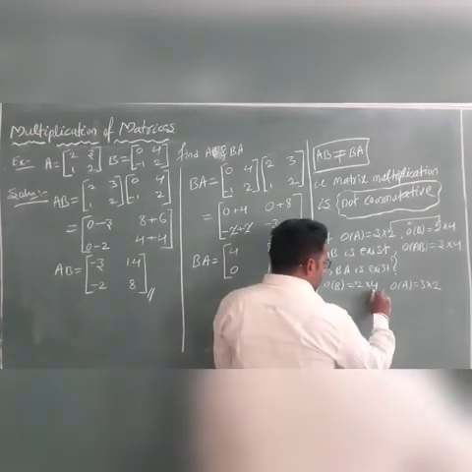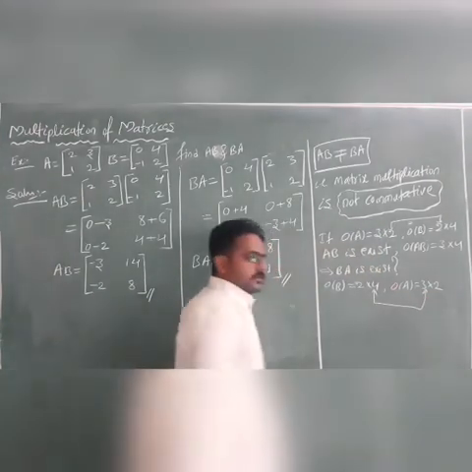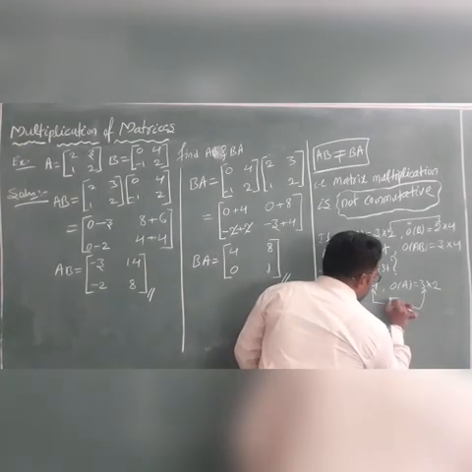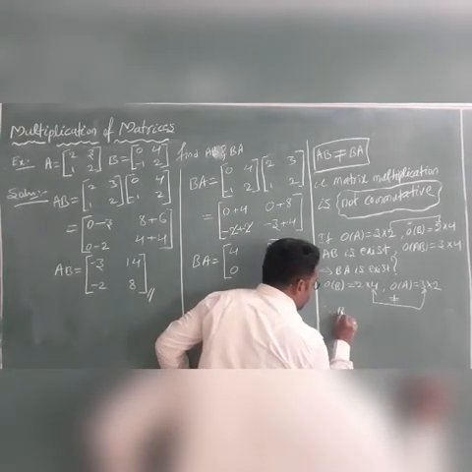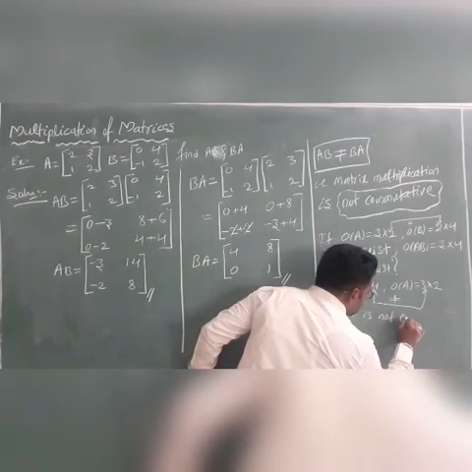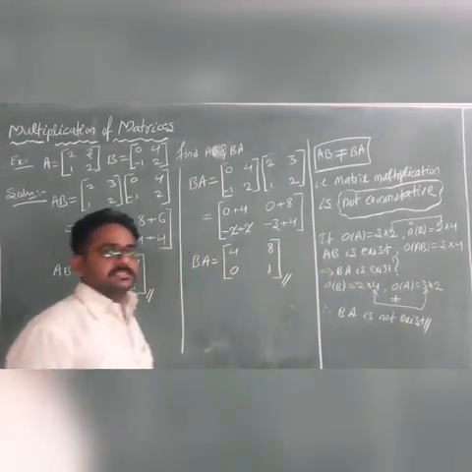So the number of columns of matrix B and the number of rows of matrix A are not equal. Therefore BA does not exist.